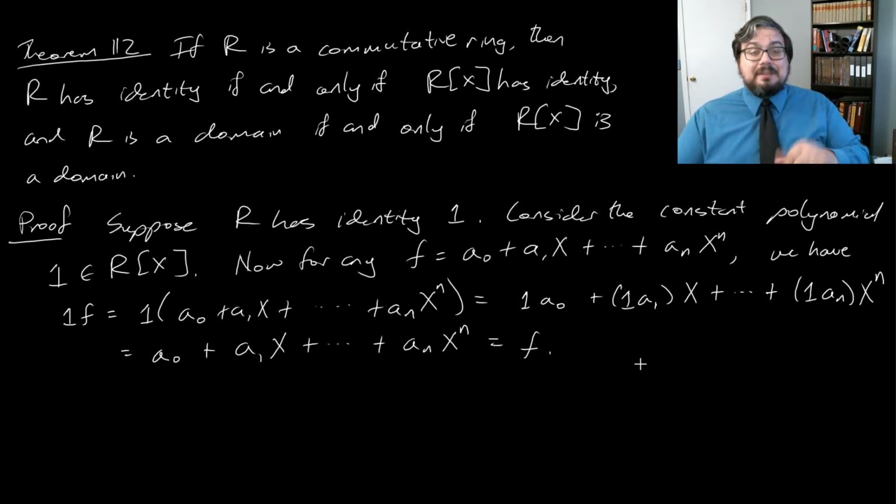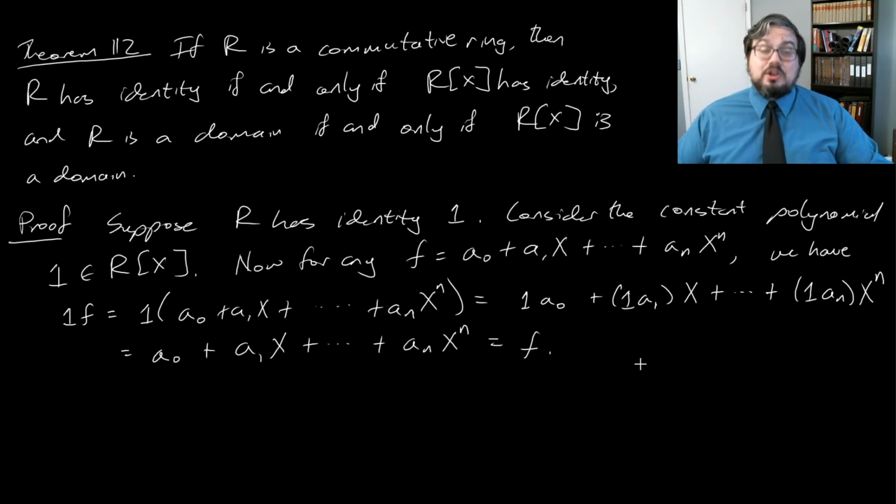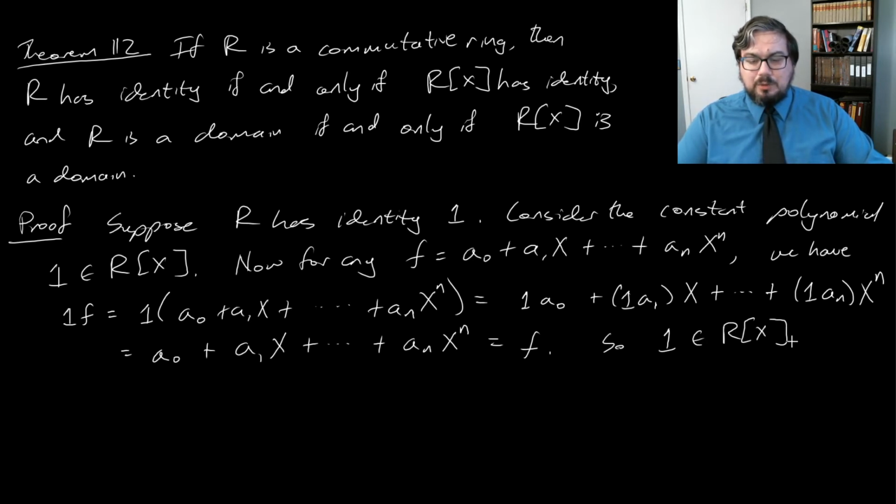One thing that we haven't explicitly stated, but it is true, is that all polynomial rings as we've defined them are commutative. The order of multiplication doesn't matter. And so since 1 times f equals f, then also f times 1 equals f. So this constant polynomial 1 is a multiplicative identity.